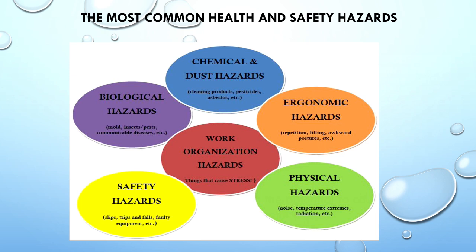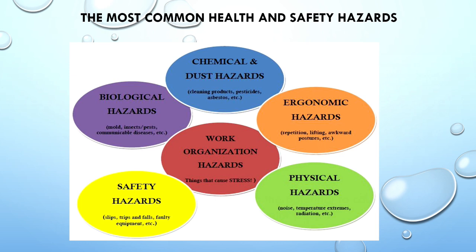Then we have ergonomic hazards, for example repetition, lifting heavy things, and awkward postures, such as sitting on a chair working on the computer for long, which can affect your back. And we have work organization hazards, things that cause stress, for example workload.